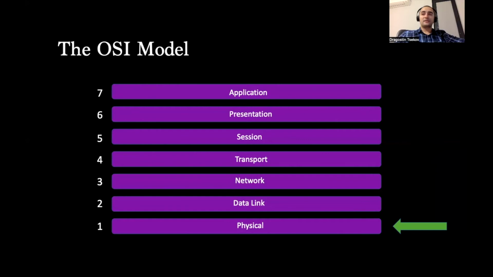So for example, let's say that I am sitting at home and I'm using my home network in order to connect to the internet. If the medium is copper, if there are copper cables that I'm using, then this means that on the physical layer, the information would traverse through copper cables. If it's optic, then it would be an optic cable.